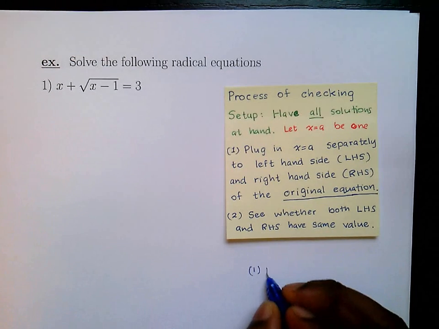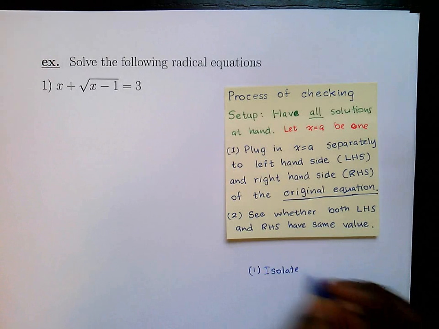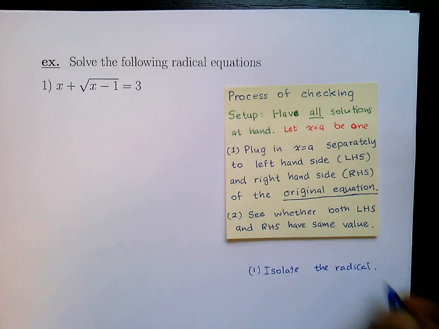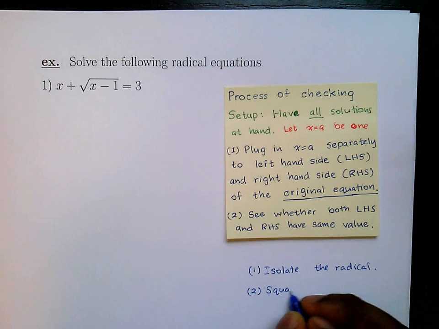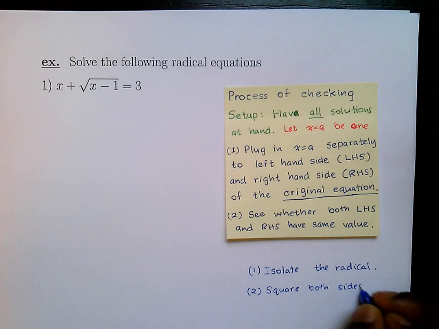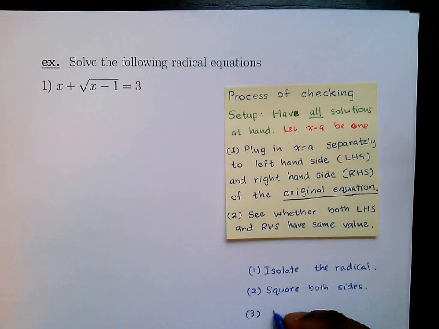So first, isolate the radical, and then if it's a square root, square both sides. And remember, the other side should be actually squared and not using the correct formula. Step 3: solve the resulting equation.